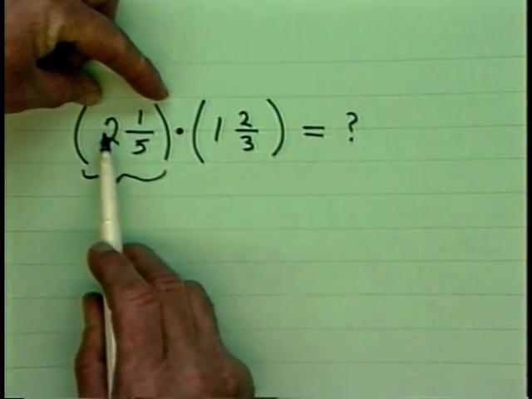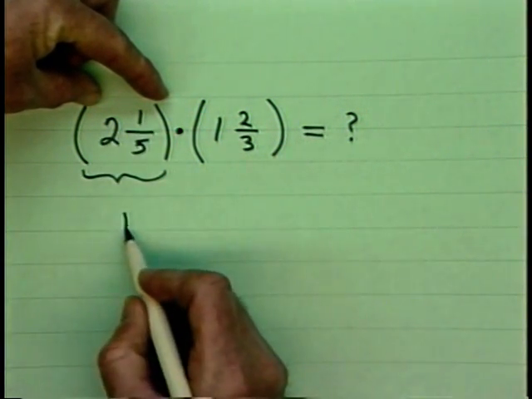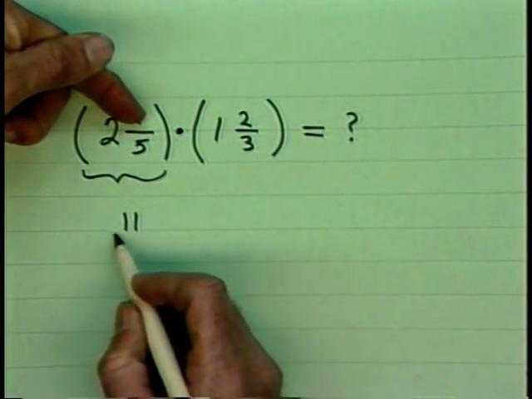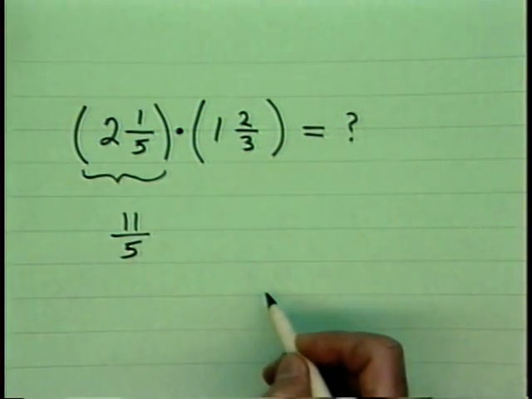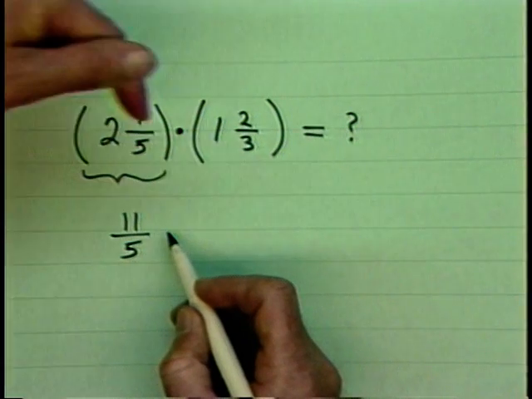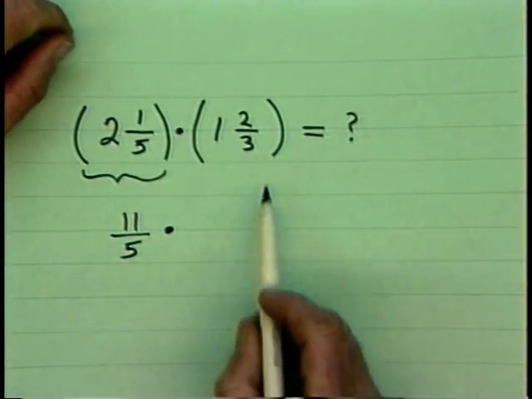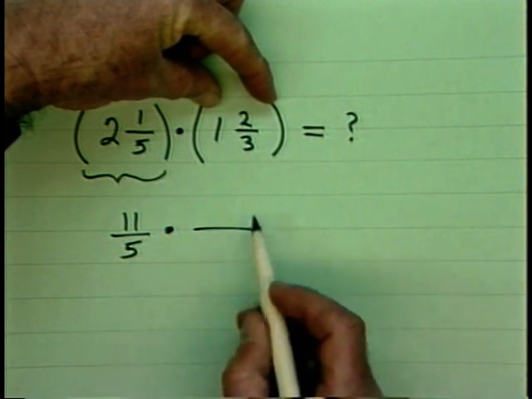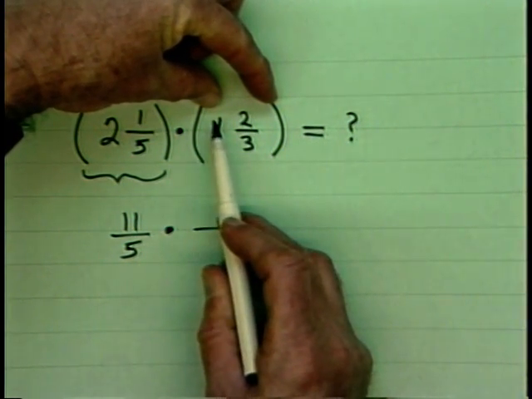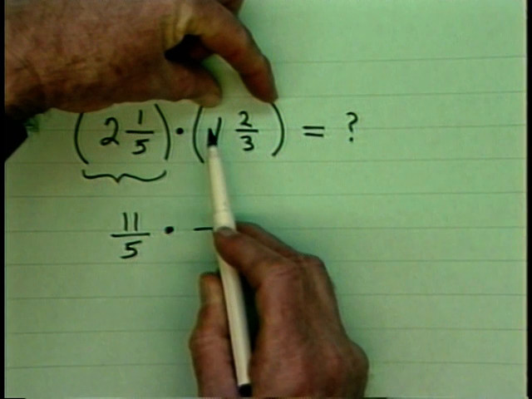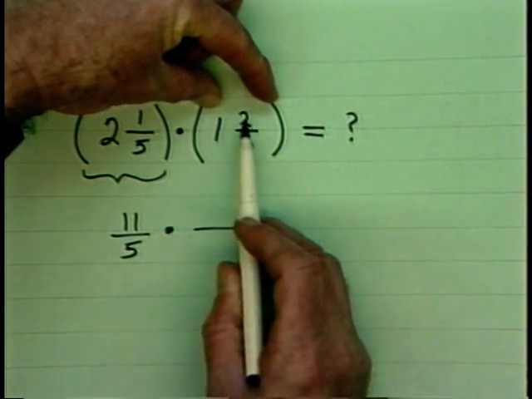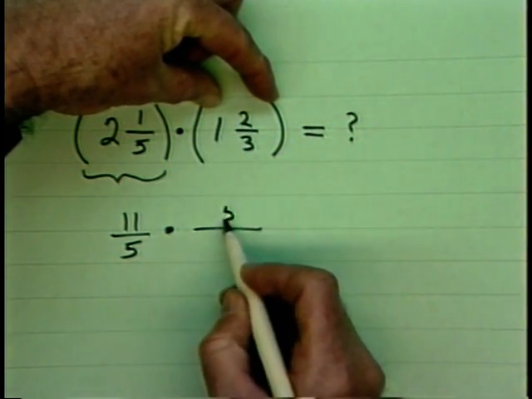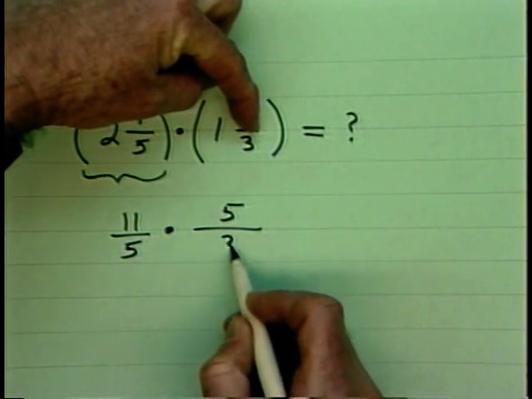So 5 times 2 is 10, added to 1 is 11, and of course the denominator stays as it always was, times, changing this mixed number to a pure fraction, denominator times whole number plus numerator. 3 times 1 is 3, plus 2 is 5 over 3.